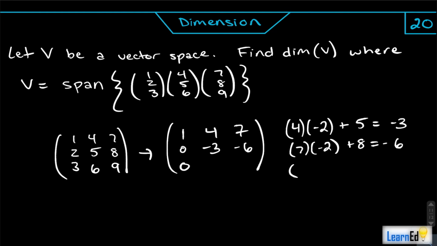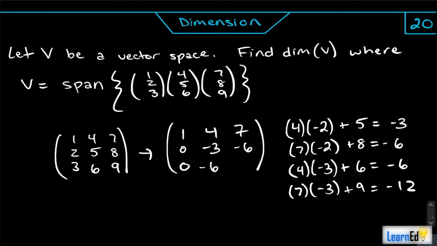Then to get our third row zeroed out in the first column, we have to multiply by -3. So we do have a 4 times -3 is -12, plus a 6 is going to give us -6. And we have a 7 times -3 is -21, plus 9 is going to give us -12.